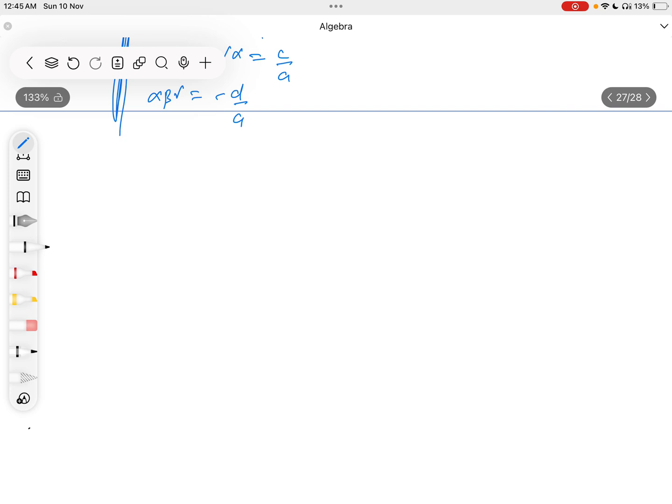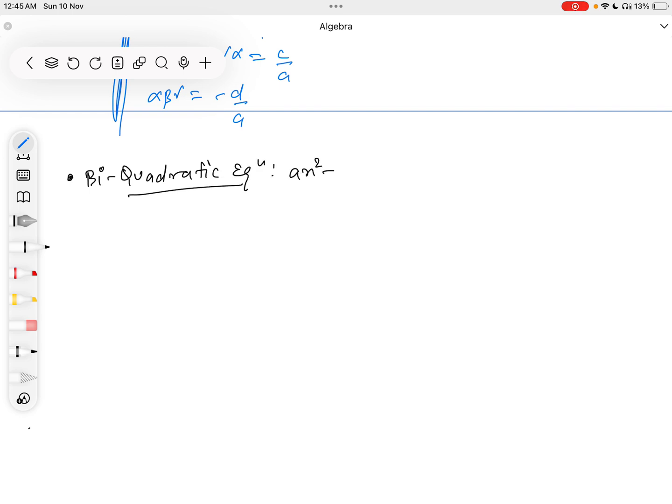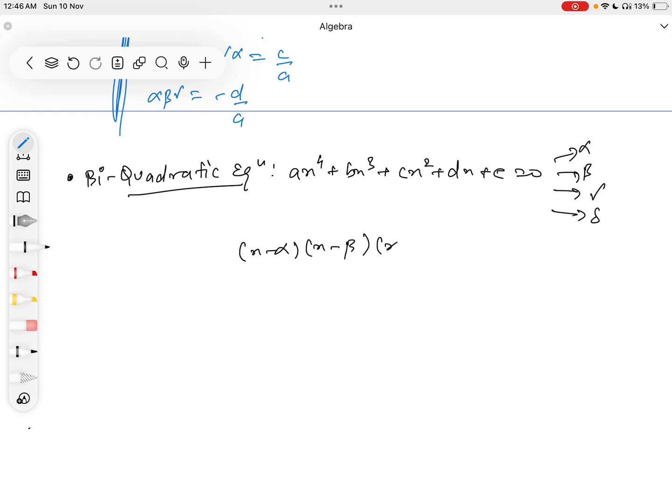Cubic equation has a degree of 3. Biquadratic equation has a degree of 4. So that means an equation like this, ax to the power 4 plus bx cube plus cx square plus dx plus e equals to 0, could have roots like this, right? And if we write it as factors, we could write it like this.